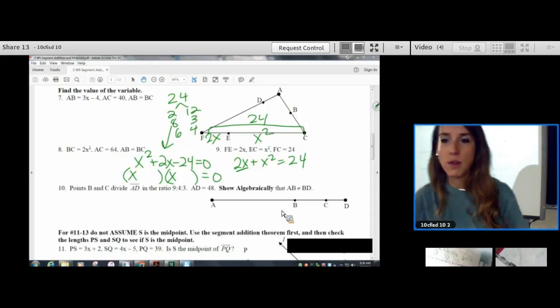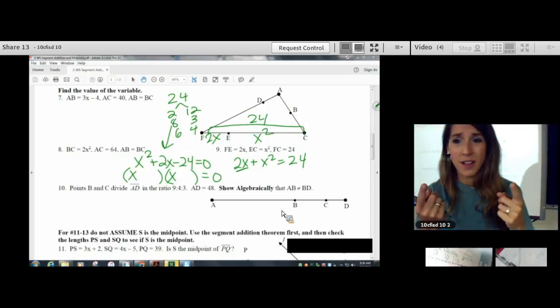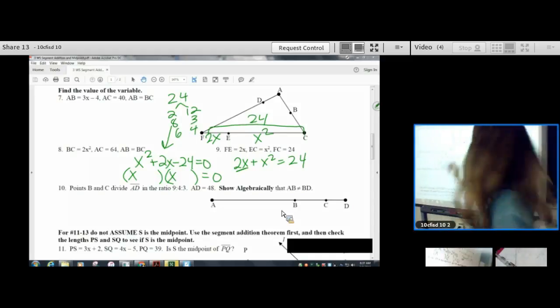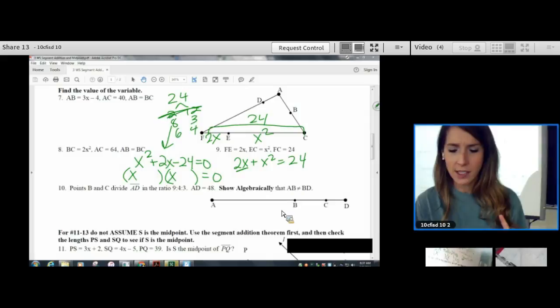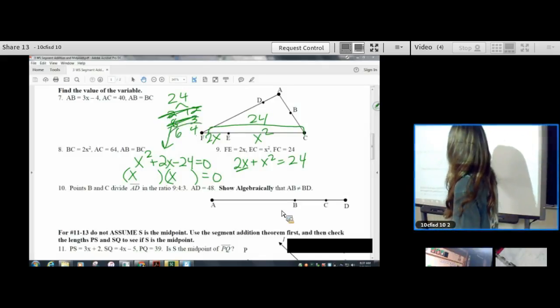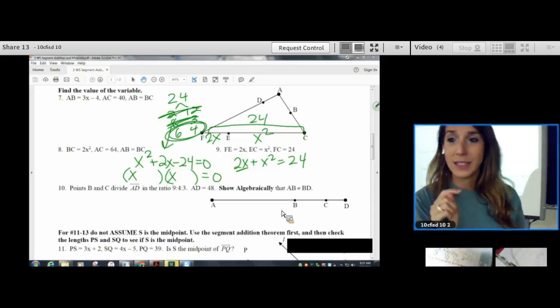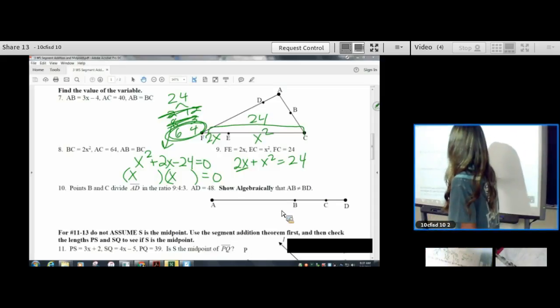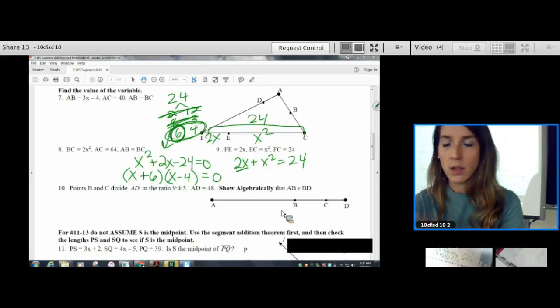I need two numbers that I can form a 2 out of. 2 and 12, I can't form a 2 by adding or subtracting those. 8 and 3, can I make a 2 out of that? 8 minus 3, 8 plus 3. Nope. 6 and 4, you are our chosen one. You are the winner. I want to make a positive 2, so once again, we want the bigger one to be positive. So I'm going to do plus 6 and minus 4. 6 minus 4 is 2. So we're good. Plus 6, minus 4.